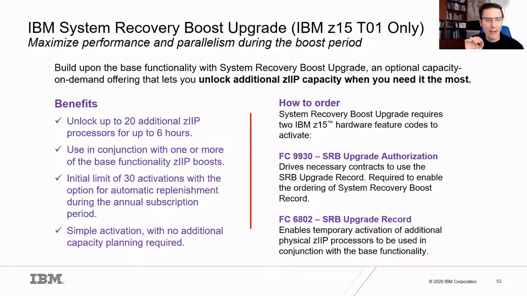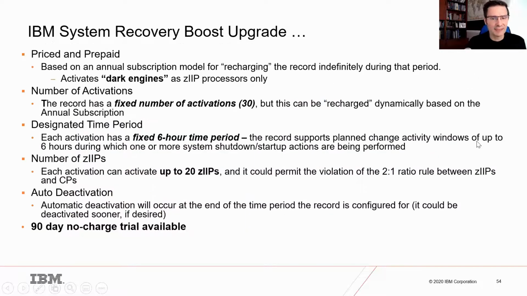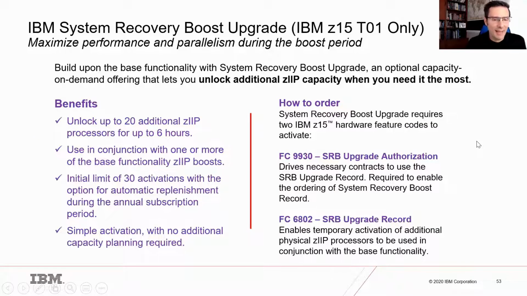Now, this record, as it works for COD offerings, is at the CEC level. So I have a CPC. When I enable and turn on the System Recovery Boost upgrade, I'm going to be able to affect the entire CEC. And so I can do boosting of several LPARs during that 6-hour window. Each LPAR can do 30 minutes of shutdown, 60 minutes of startup. But now I have 6 hours.